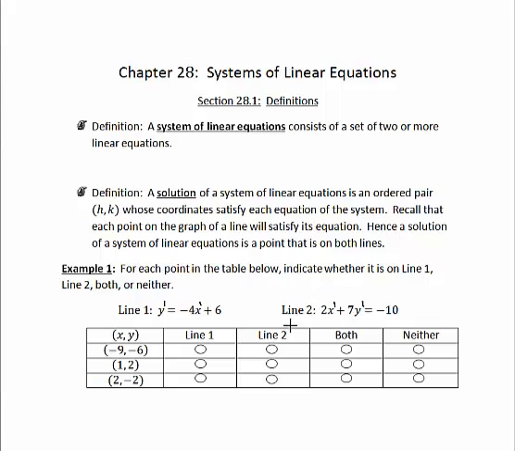Below we have a table with 3 pairs of coordinates, ordered pairs. We want to check each of these 3 ordered pairs with line 1 and line 2 and determine whether they fall on line 1, line 2, both, or neither one of them.